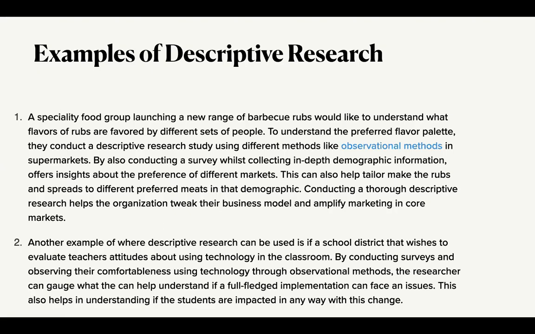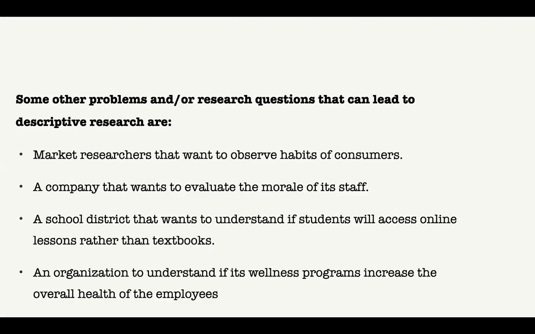By conducting surveys and observing their comfort using technology through observational methods, the researcher can understand if a full-fledged implementation can face issues. This also helps in understanding if the students are impacted in any way by this change. This is a purely education-related example.